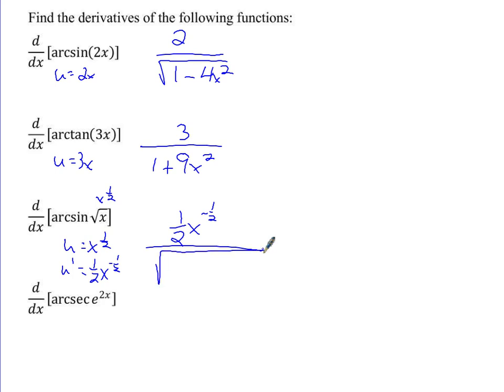Square root of 1 minus u squared, but the square root of x squared is just x. So we have 1 minus x underneath the root. Okay, so this guy definitely goes to the denominator, but what do I do with this 1/2? The 2 also winds up down. So what's in the numerator here? Just 1. Over 2 square root x square root.